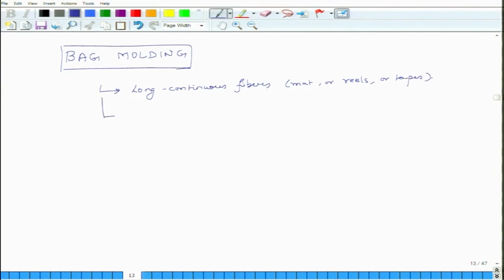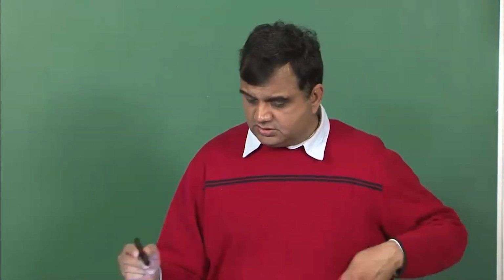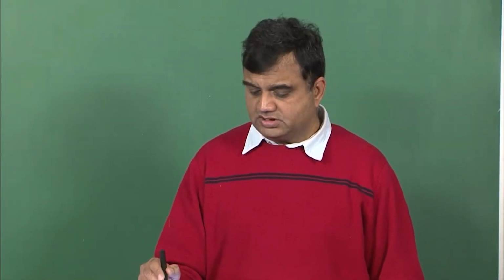We can also use this process if we have mats of randomly oriented fiber. So, you can buy very thin sheets of randomly oriented fiber, and these fibers are short in length. So, you can use the bag molding process to make composites using this material also.